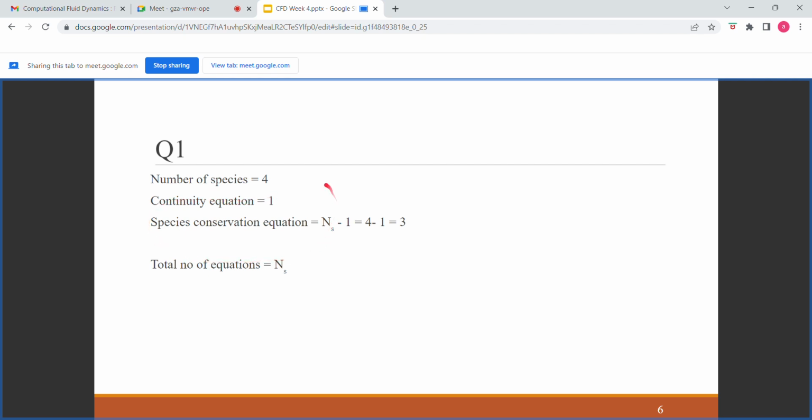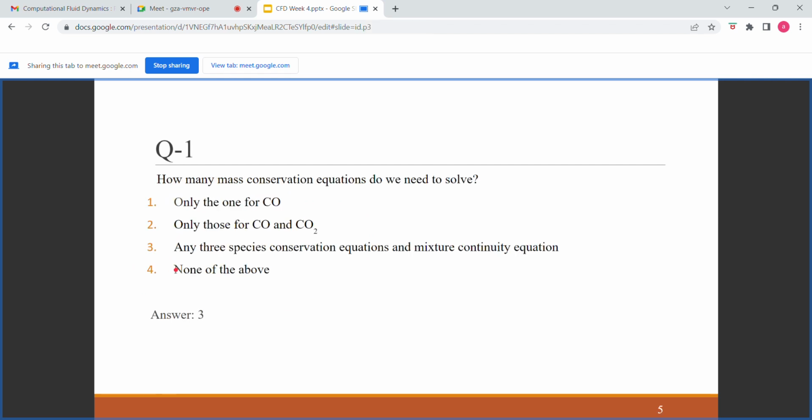The species conservation equations that need to be solved number ns minus 1, where ns is the number of species, so 4 minus 1, which is 3. Then 3 plus 1 continuity equation gives 4, that is ns minus 1 plus 1, so the total number of mass conservation equations is 4, or ns. So the answer is ns minus 1, that is 3 species conservation equations, and the mixture continuity equation, 1 equation. I hope it is clear. We'll now move on to question 2.